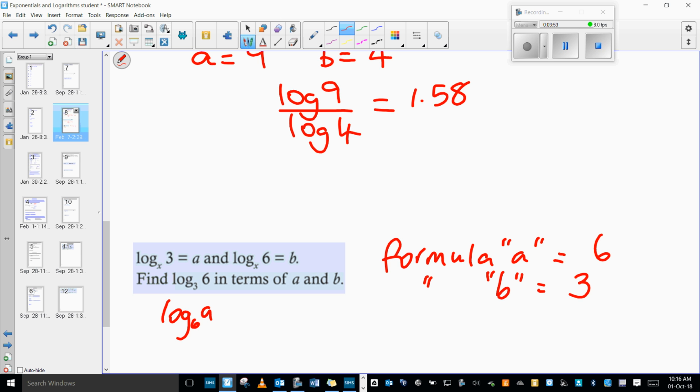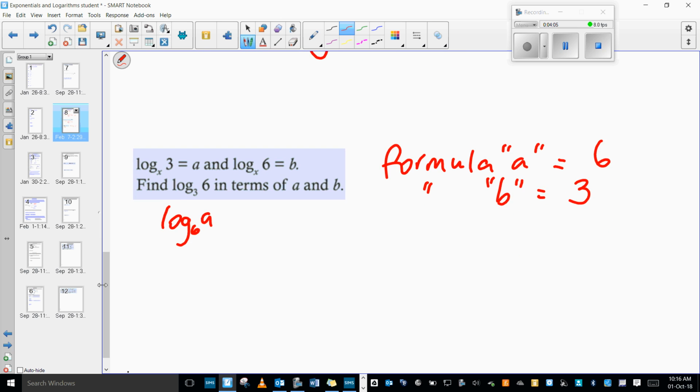What base are we going to change it to? Nice. You'll see that X is the useful one now. Okay. So this would now become log base X of 6 over log base X of 3.